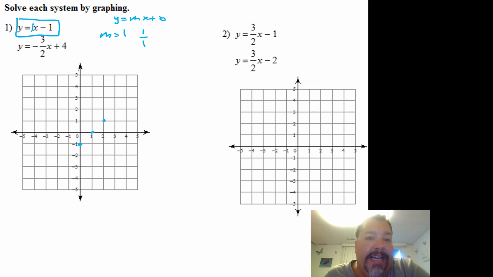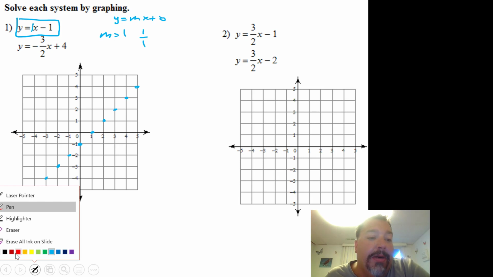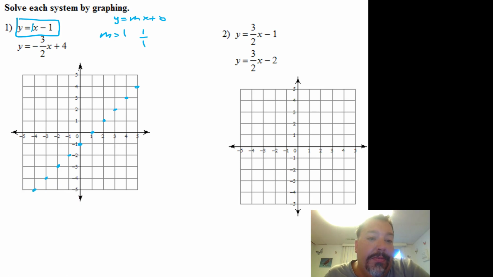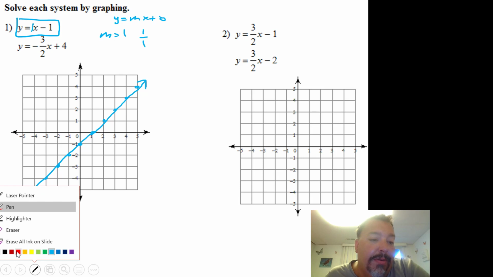If we're doing this by hand, we're just going to continue that pattern and fill in all the dots that we can, going down 1 and left 1, until we go all the way across. Now we're going to connect those with a line. Then we're going to do the same thing for the other equation.